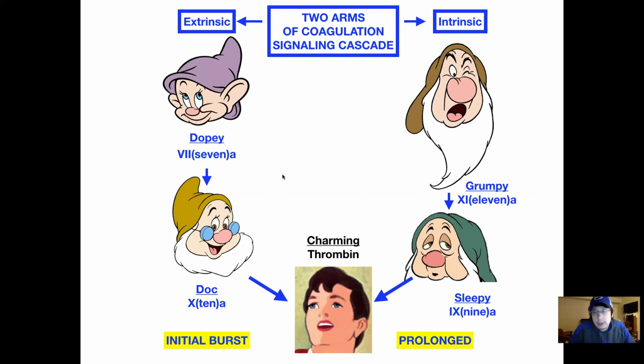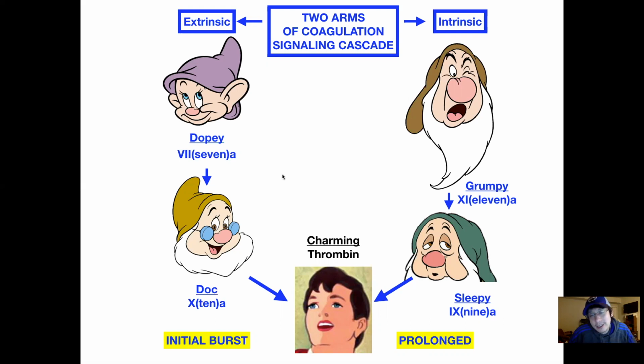Functionally, what are the differences between these different arms of the pathway? The extrinsic pathway does initially lead to a burst of activated thrombin. And so you can get clots that form, even hard clots if the transglutaminase is activated.